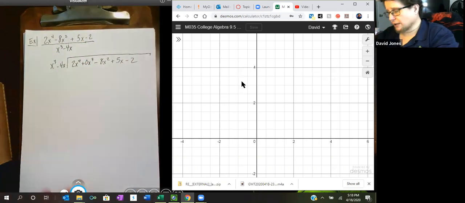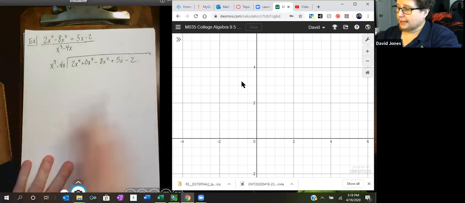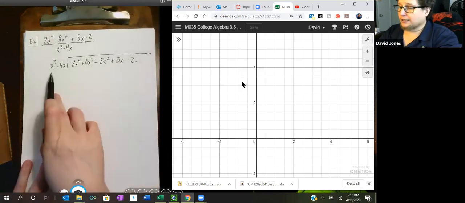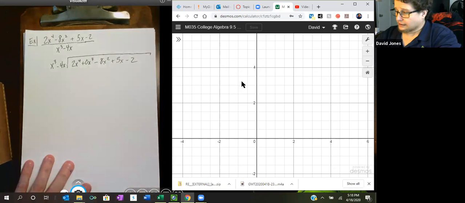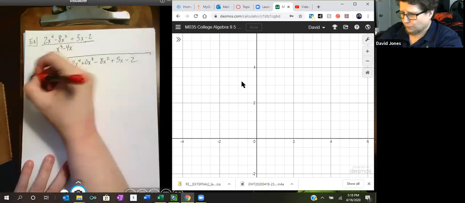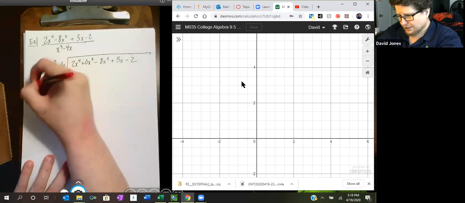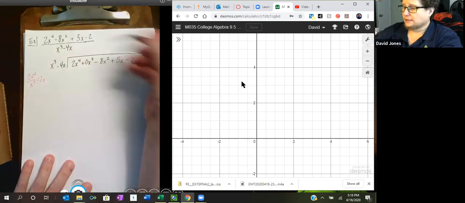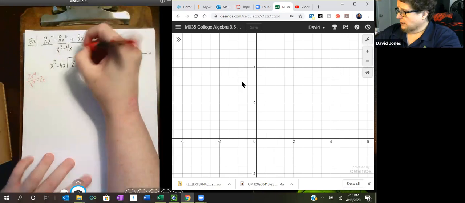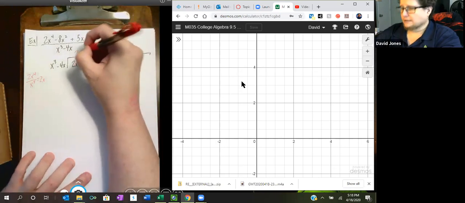And we go until we have a degree in the remainder that's lower than this degree out here. So 2x to the 4th divided by x cubed is 2x. Put the 2x here.